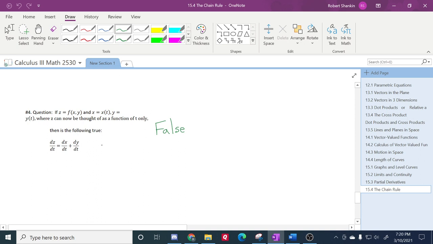All right. To put flesh to this, let's look at an example. And we're going to look at example A, which is going to be z equals x times y, where x equals 2t and y equals 3t.